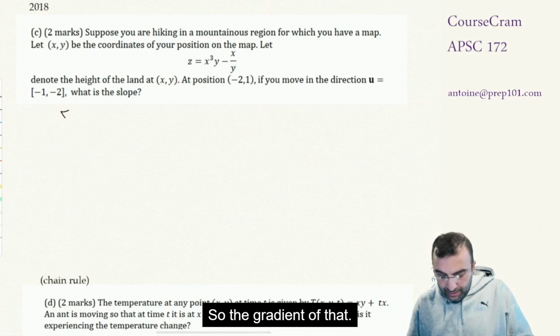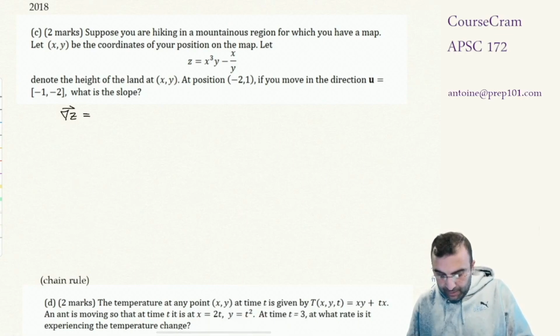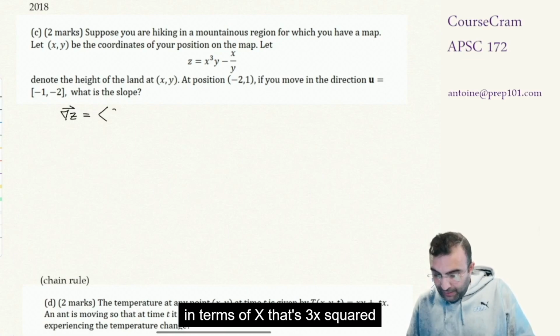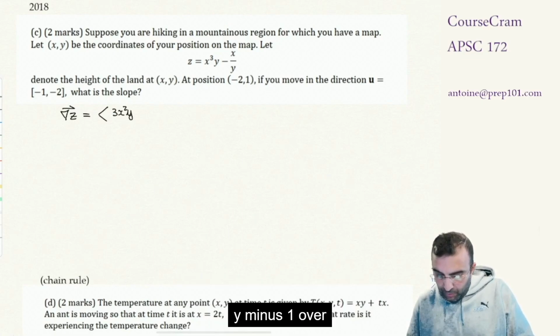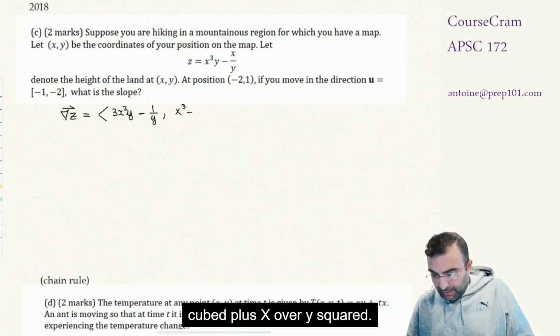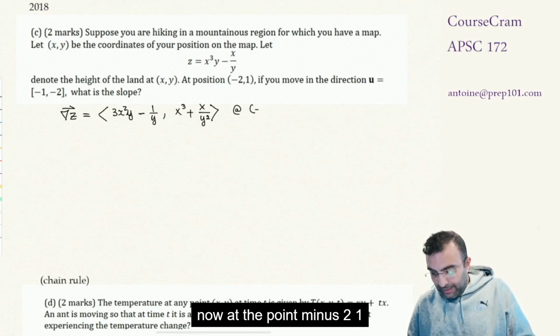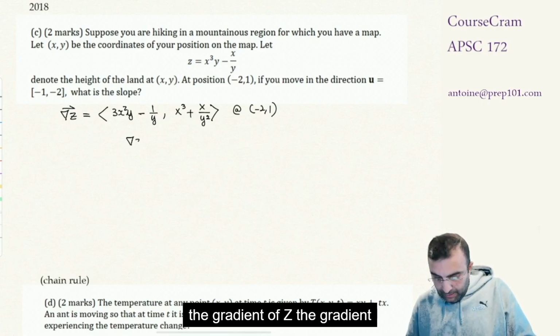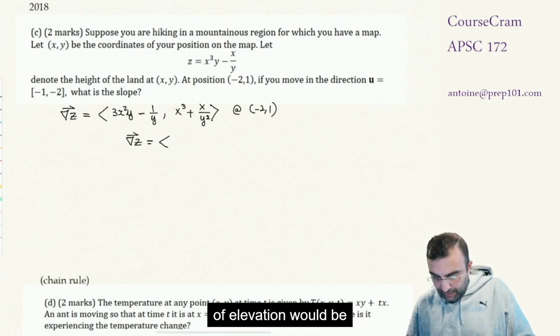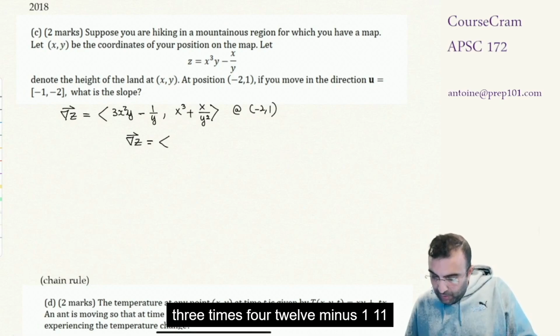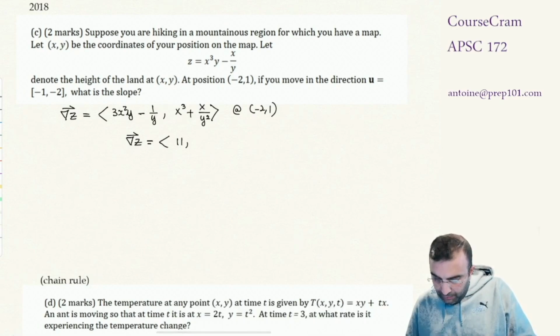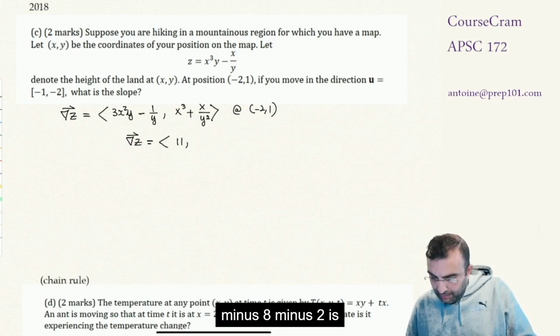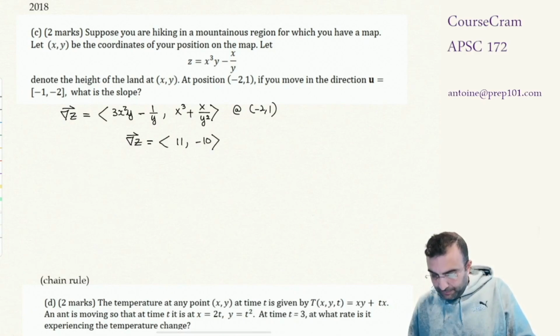So the gradient of z is equal to, in terms of x, 3x squared y minus 1 over y. In terms of y, this is x cubed plus x over y squared. Now at the point (-2, 1), the gradient of z, the gradient of elevation, would be 3 times 4, 12, minus 1, 11, minus 8, minus 2 is minus 10.